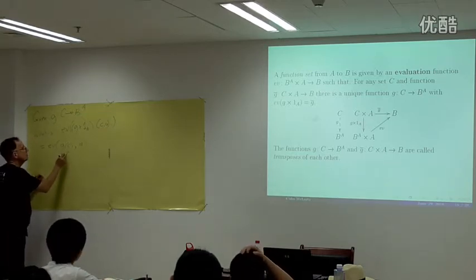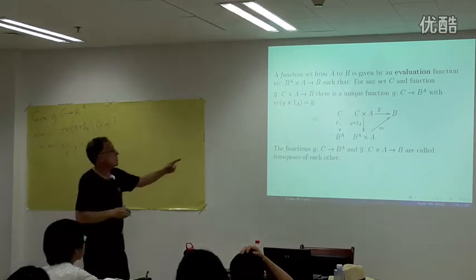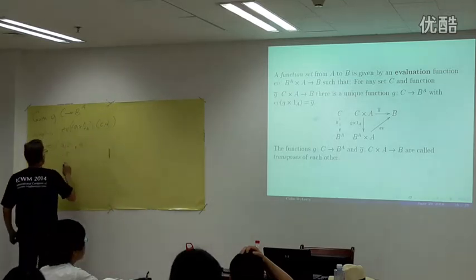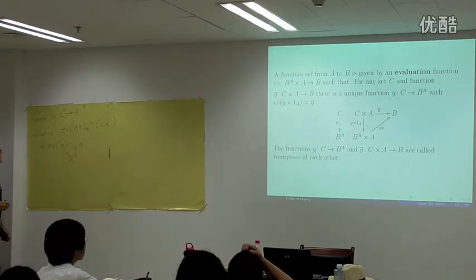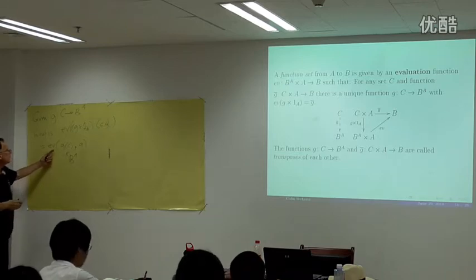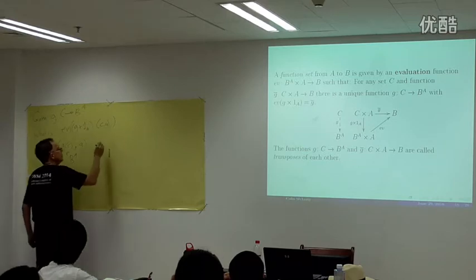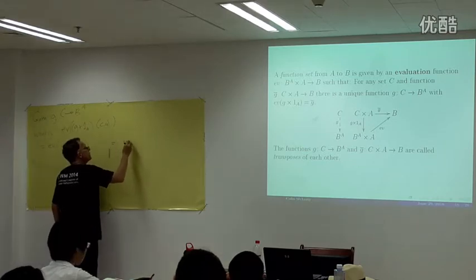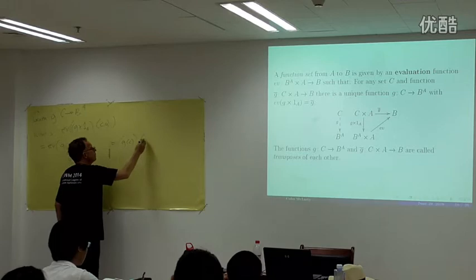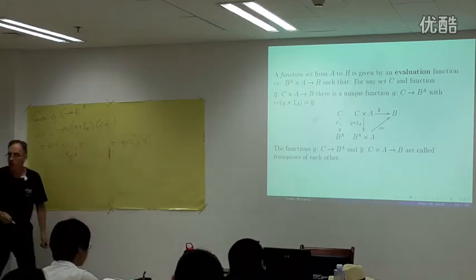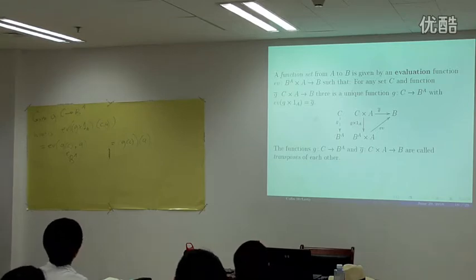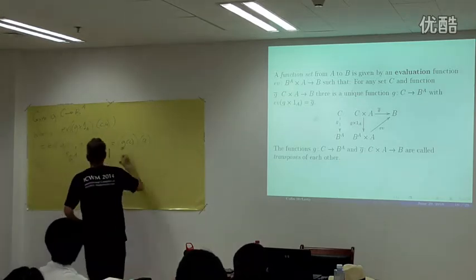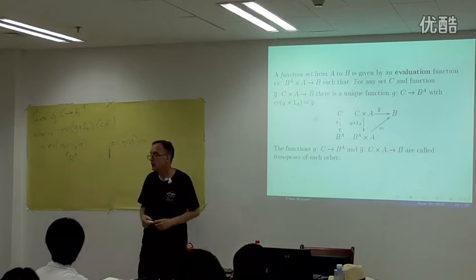Well, G of C is a function from B to the A. The intuition is this evaluates that function. This is G of C applied to A. Now, officially, this is just a notation for that.